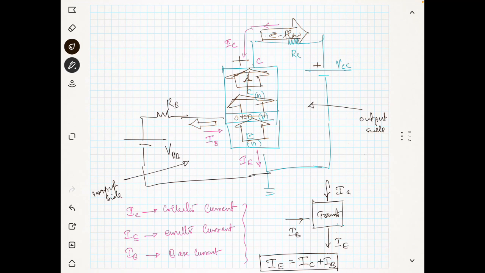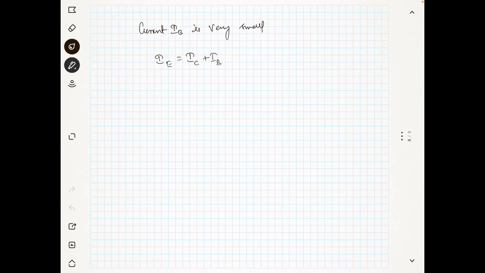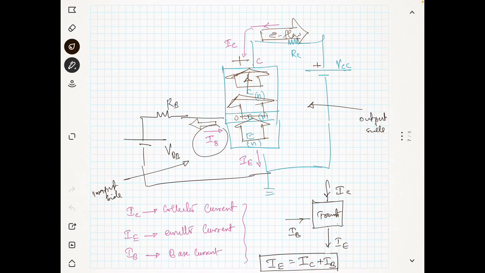Now you can see here your IB, you can view it as an input current. And you can view your IC as the output current, because you are talking about the output here. At this output you have the current IC.